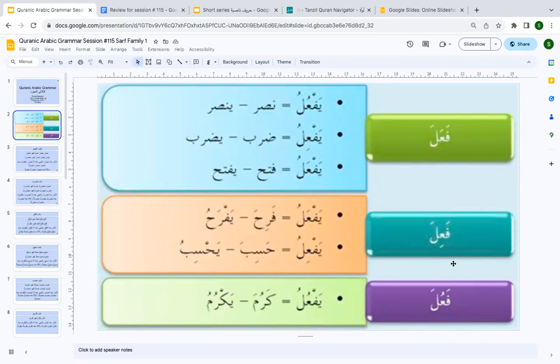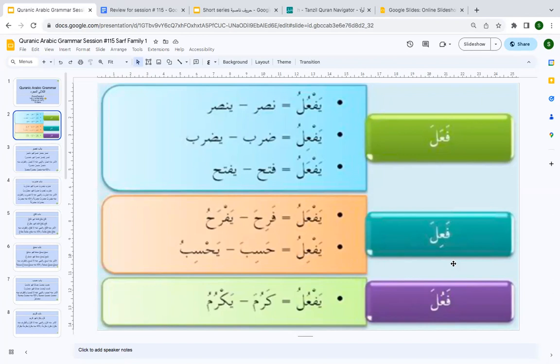So does it make sense now that your Ainul Kalima is the king of form 1 or family 1? I was teaching you Bab Taf'il. It was not just Ainul Kalima, right?